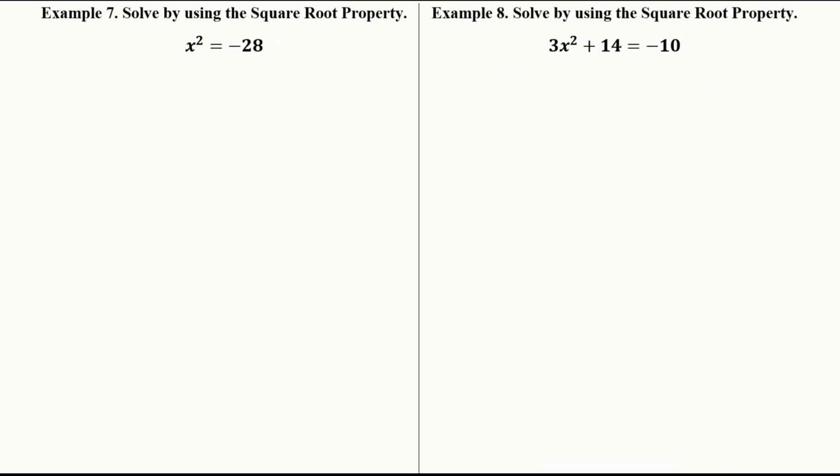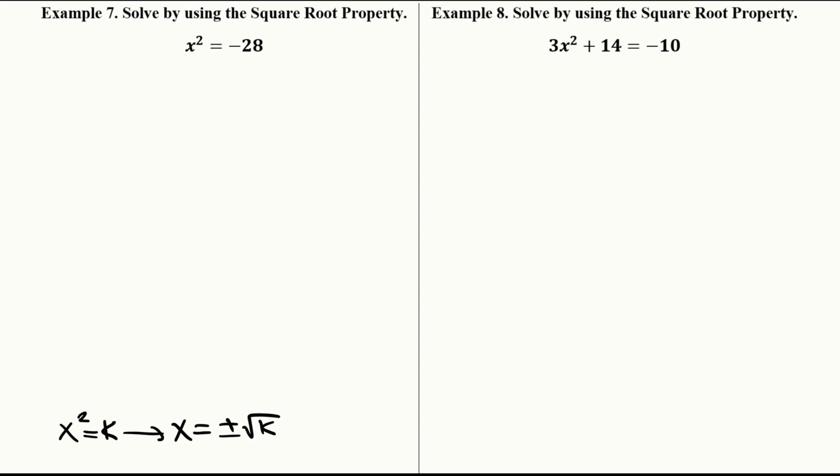All right, so here we have a couple more problems to look at. Definitely try them before you come back and unpause the video. All right, so here we notice that when we describe the square root property as x squared equals k implies x equals plus or minus square root of k, we didn't have any restrictions on k.